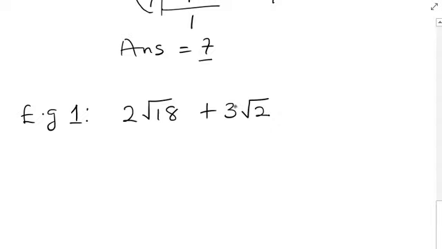One thing you first need to do before you can add radical expressions together is make sure that they have the same radicand. If this is root 18, then this has to be root 18. If this is root 2, this has to be root 2 before you can add them together. If you don't have similar radicands, then you cannot add them together.